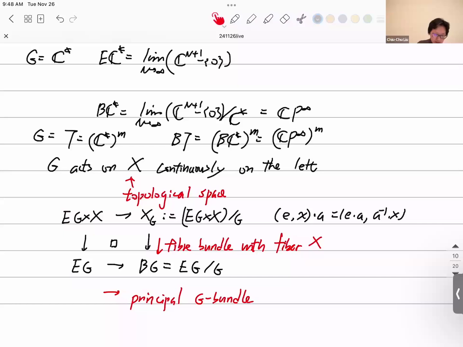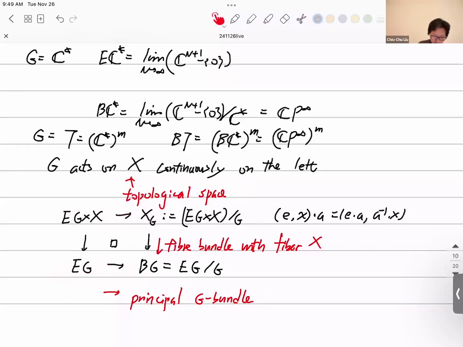We know that G acts freely on the right on EG, and let it act on the product in the following way: (e, x) dot a is (e dot a, a inverse dot x). Recall that the G action on X is on the left, and this inverse makes it a right action. This action is free because it's already free on EG.